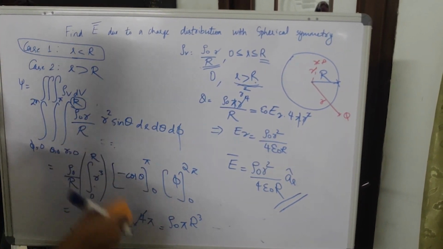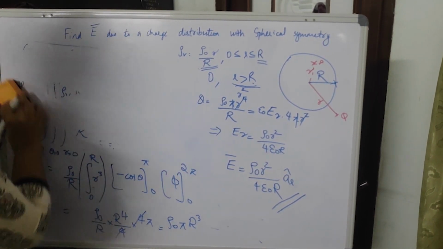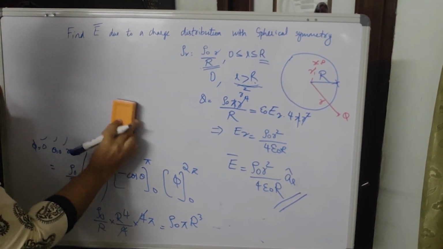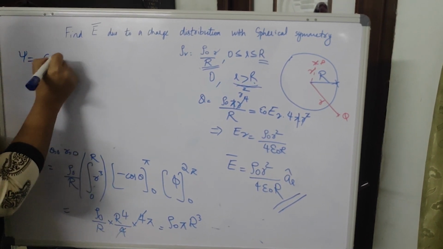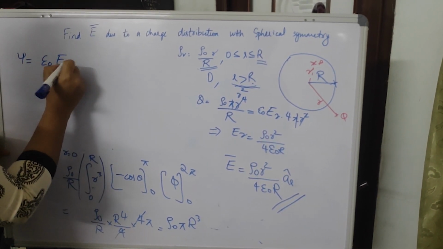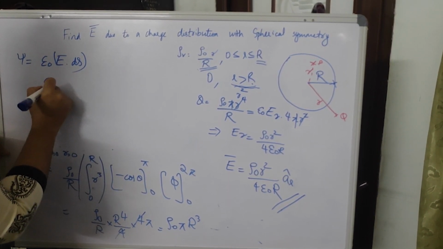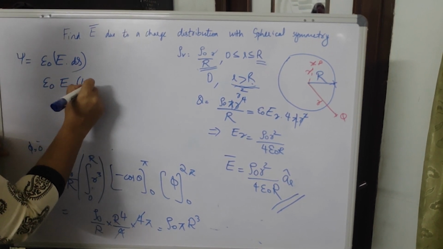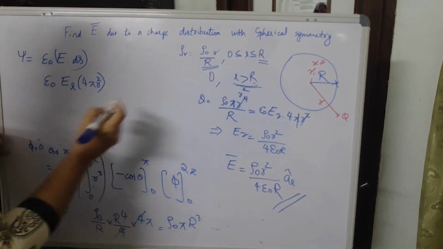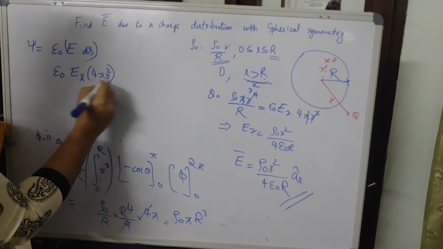This is the answer, and this you have to equate with psi, which will be epsilon E dot dS. That will be epsilon naught into Er into 4 pi r square. That is the same in all cases, because whether r is less than R or greater than R, the area will be the same, that is 4 pi r square.